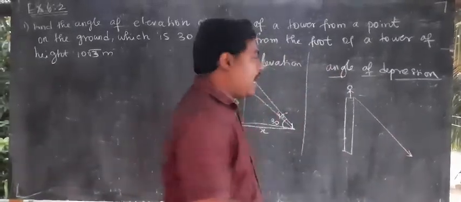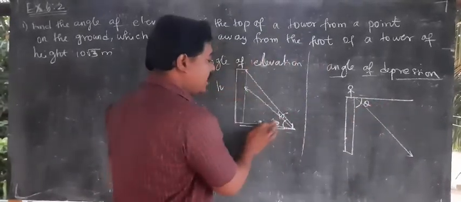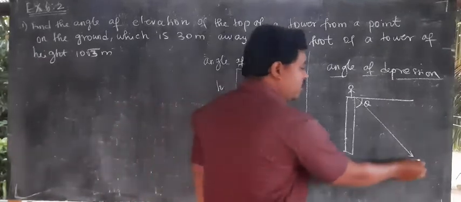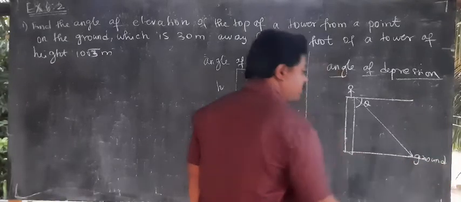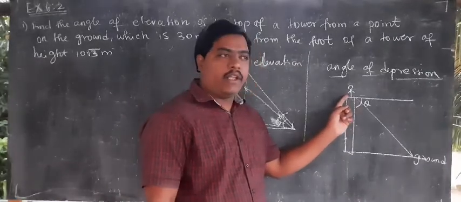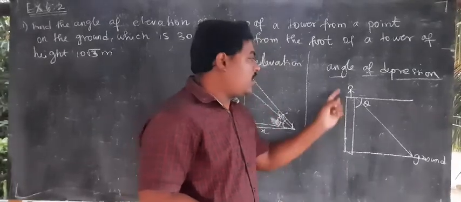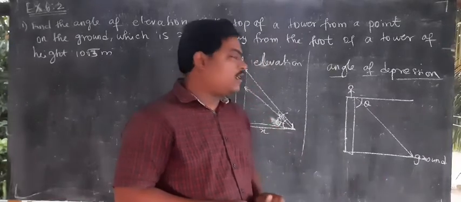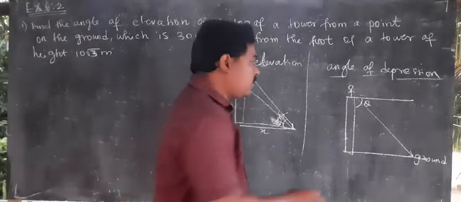This is called angle of depression. Theta will be here. So this is ground. Right? You are standing on the top of the building and seeing the ground. So like this, you are watching from top to bottom, this is called angle of depression, right?